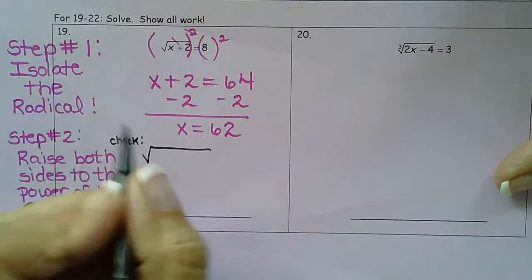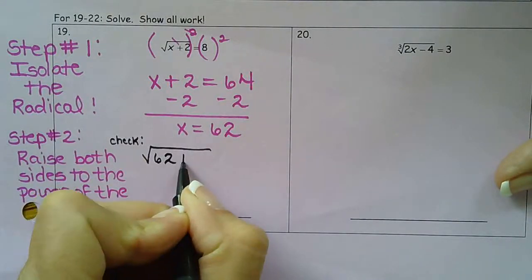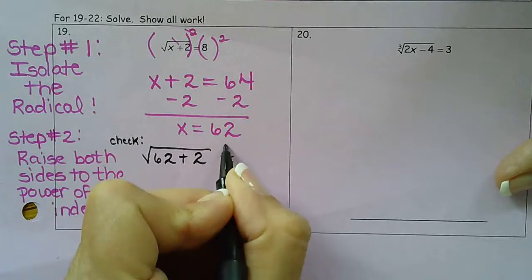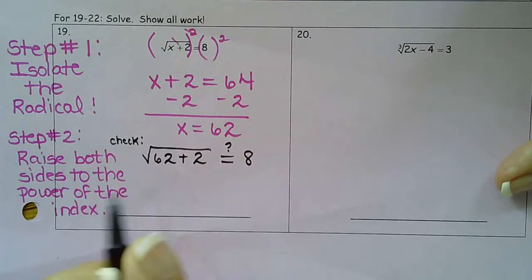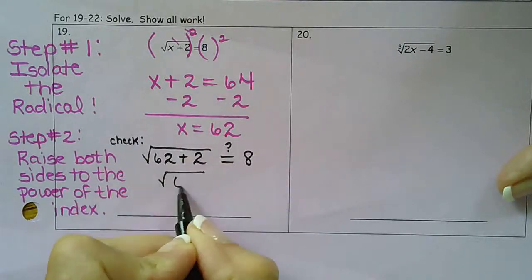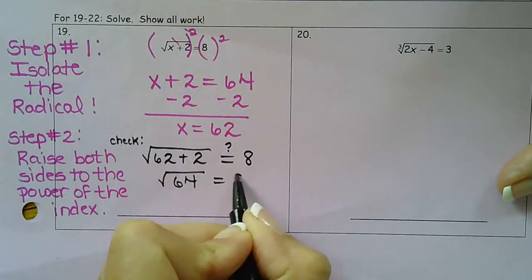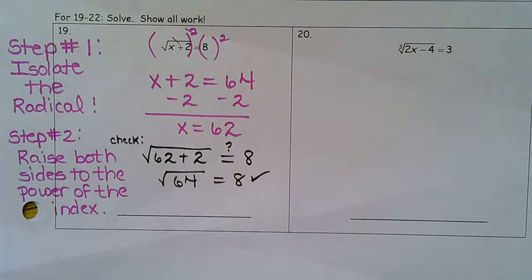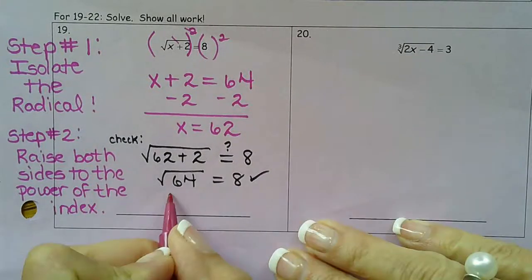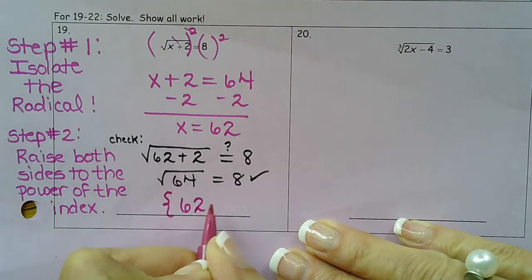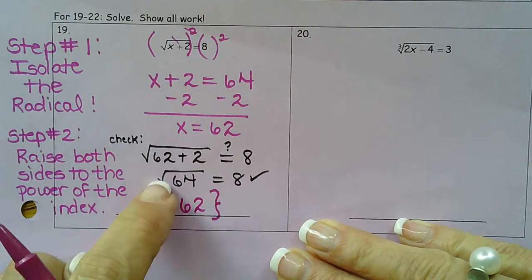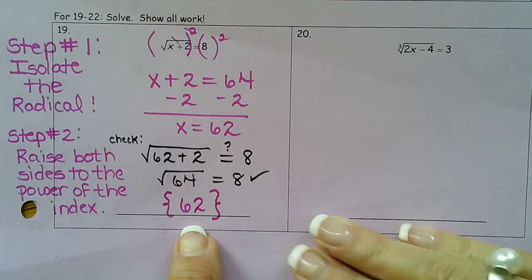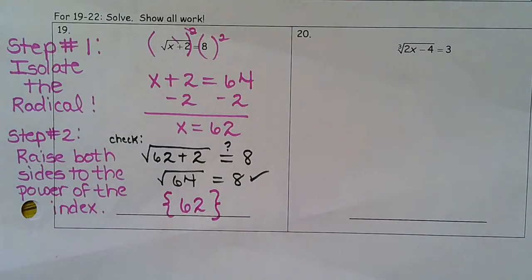We want to know, is 62 plus 2, does that equal 8? So you tell me, is the square root of 64 equal to 8? Absolutely. So then I take my answer and put it in solution sets to show the reader not only was it a potential solution, it checked, so now it is therefore the valid solution. So 62.